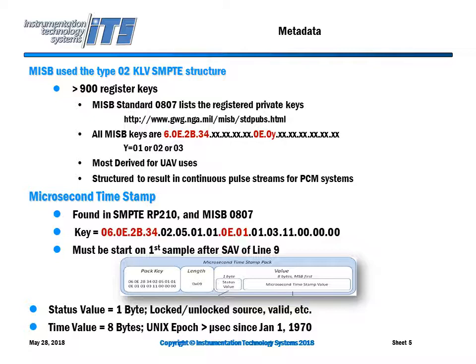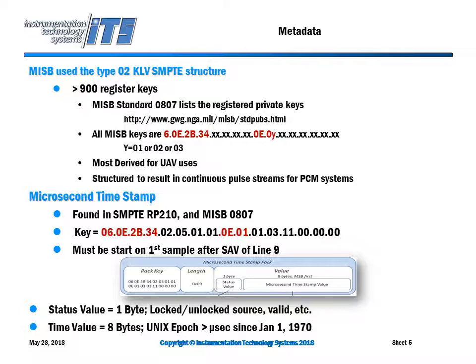MISB bought a block of numbers from SMPTE that is a volume of the SMPTE dictionary. MISB can use these numbers; this group in red and this group in red identify the numbers assigned to it by SMPTE. The numbers in between can be assigned by MISB, and that forms the MISB dictionary, which right now has about 980 keys that are registered in their standard 807.